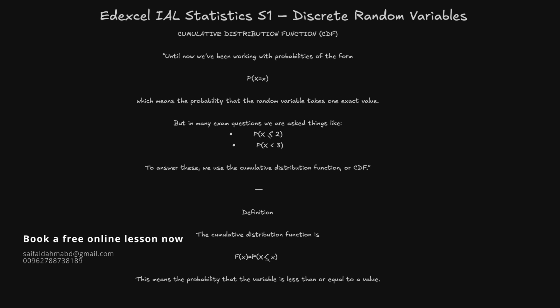To answer these, we use the cumulative distribution function, or CDF. And the definition of this is F of x, which represents the cumulative function, is equal to the probability of big X being less than or equal to small x.